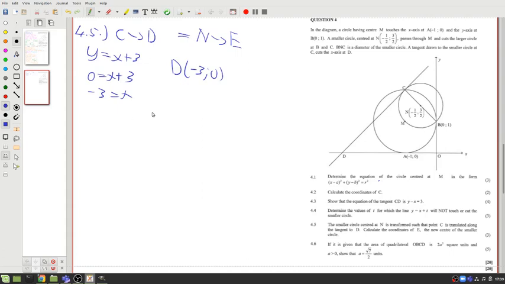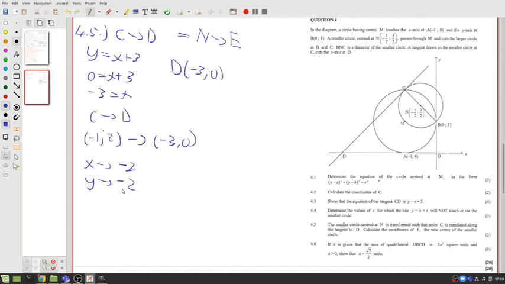Okay, now let's look at the movement again. So from C to D, we went from negative 1, 2, all the way to negative 3, 0. So for the x values, we went from negative 1 to negative 3, so that's minus 2. For the y values, we went from 2 to 0, so that's also minus 2.